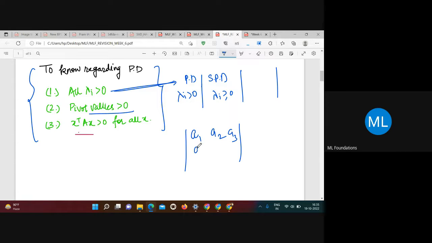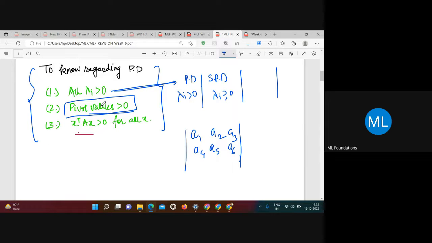Just imagine this is a real symmetric matrix where pivot values will be greater than zero only. Could it be less than zero? We generally make it one. I guess there is some confusion. Pivot value, you are correct, is generally greater than zero for all the cases.